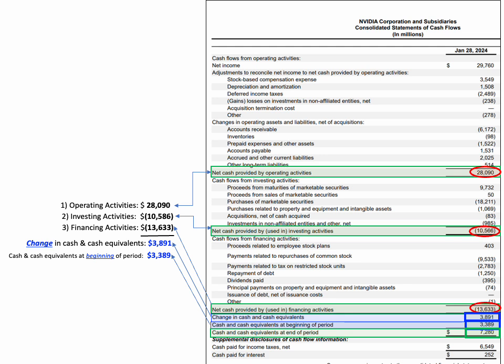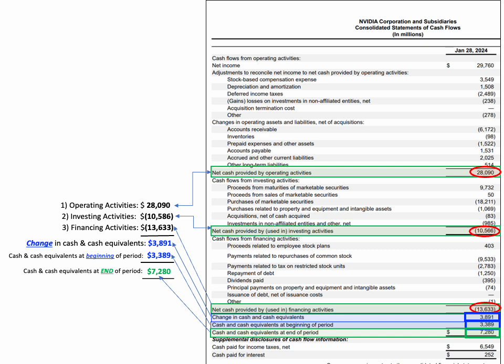The previous period we had on hand $3.389 billion. We take the number that we just discussed, the 3.891 that we adjusted on the cash flow statement, and we add those two numbers because they're both positive, and our cash and cash equivalents at the end of this period is really now $7.28 billion.